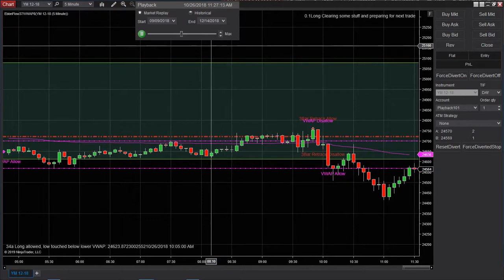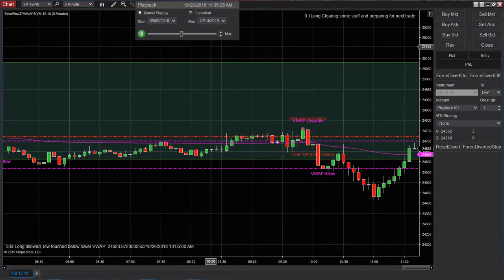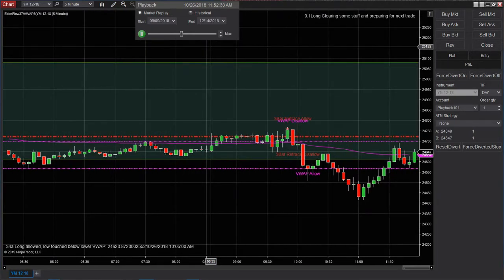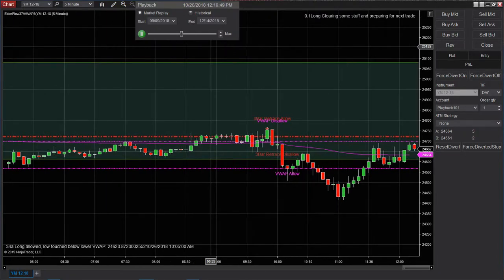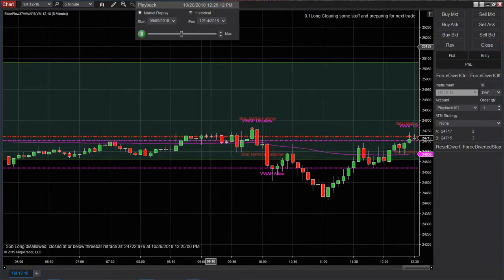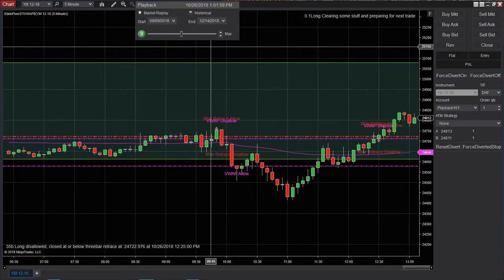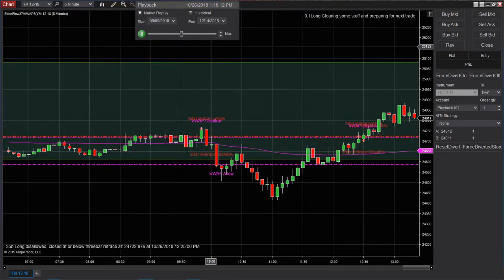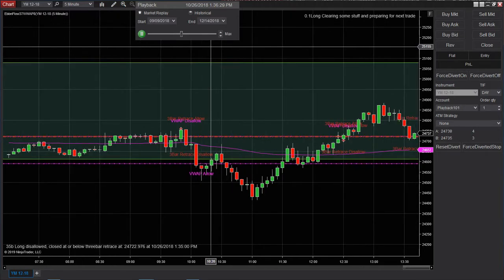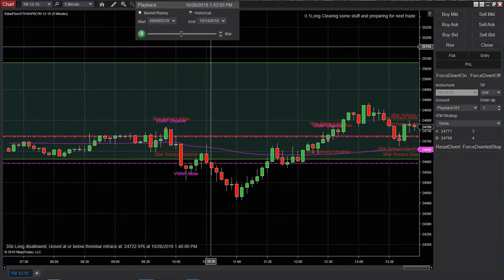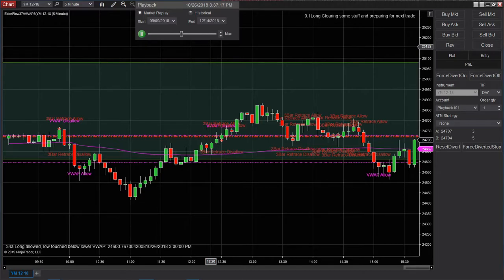As soon as we get the 3-bar trend change, we didn't get it. Wait. Anytime we get a 3-bar trend change, it sets both of those to allow, and that's a good time to take trades and test.